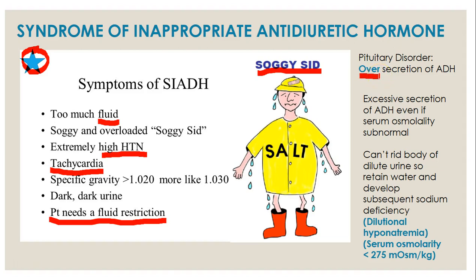The problem with somebody having too much fluid is they are susceptible to what's called dilutional hyponatremia. So your sodium levels will be lower as it circulates in the bloodstream, and you will see a serum osmolarity less than 275.